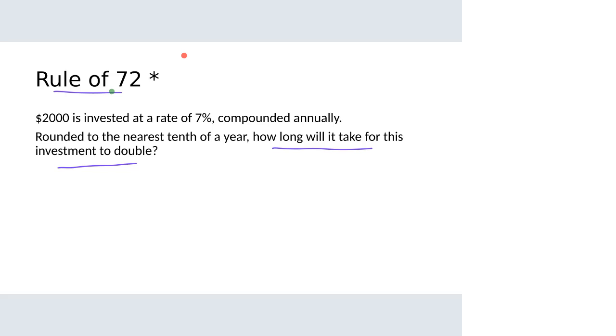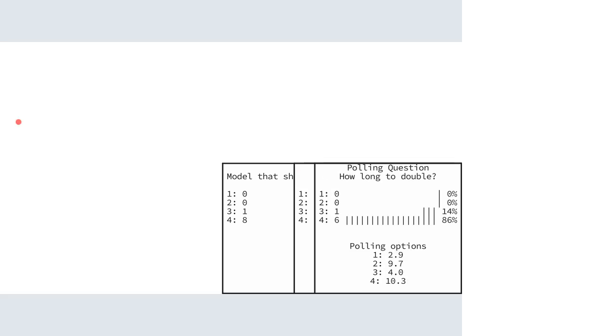Let's go 30 more seconds on this, and then we'll do it together. See where we are.